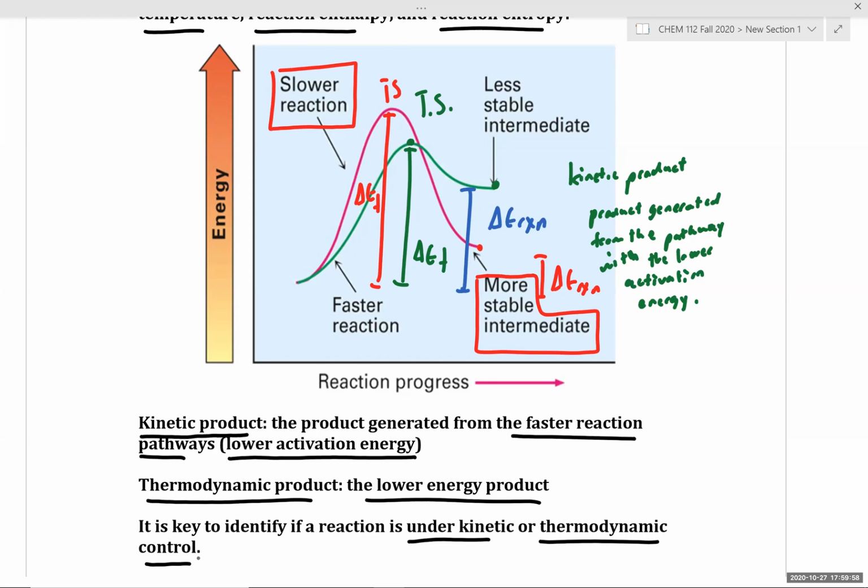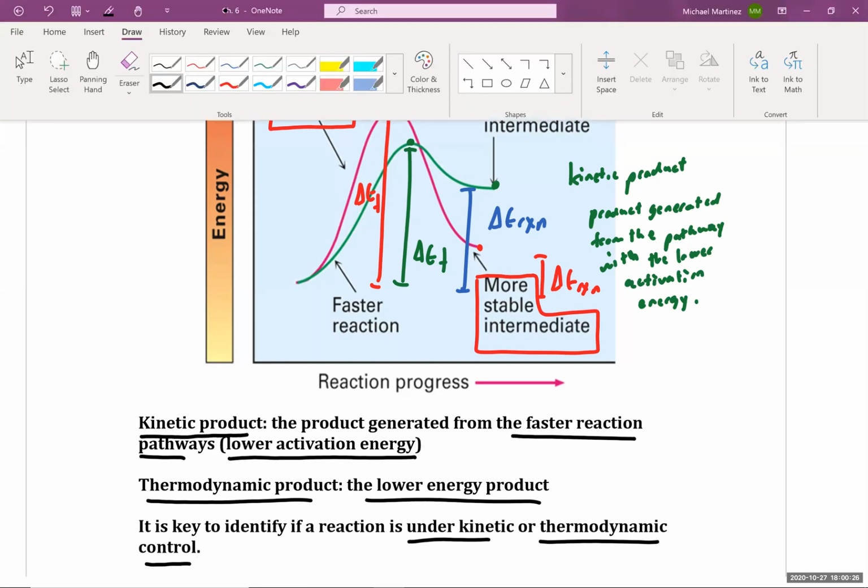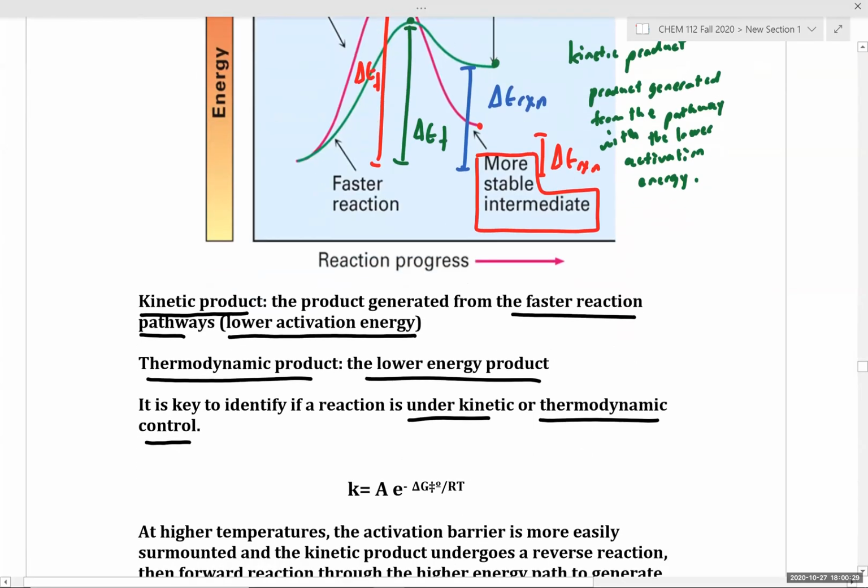If you run the reaction at a higher temperature, in general, you begin to see more equilibration, more reversibility, and you can start to funnel towards the thermodynamic product. This only really occurs at high temperatures where you see a significant amount of reversibility. We'll talk more on that a little bit later.